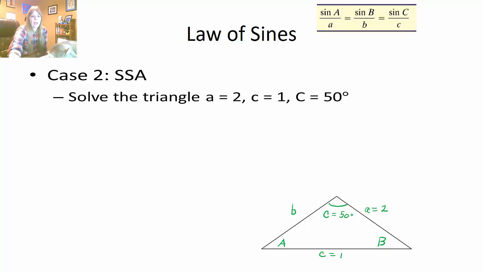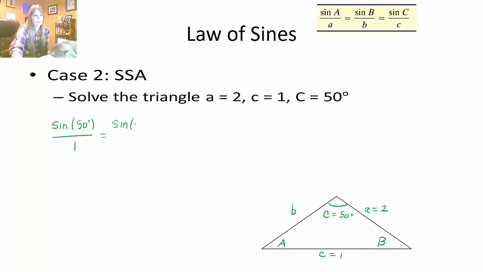So certainly I have the requirements of a side-side angle. I'm given everything with C, so it looks like I would use sine of 50 degrees over C, which is 1, and try to find one of these other angles.